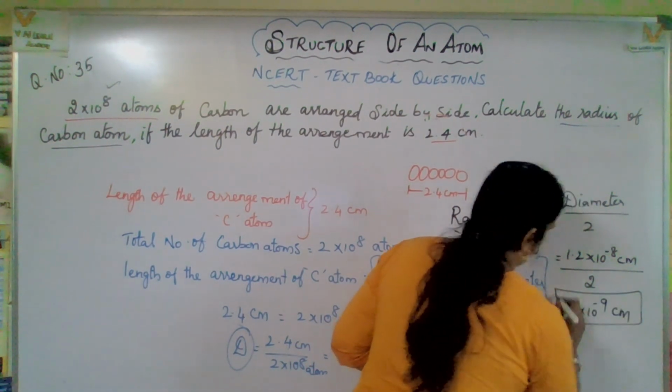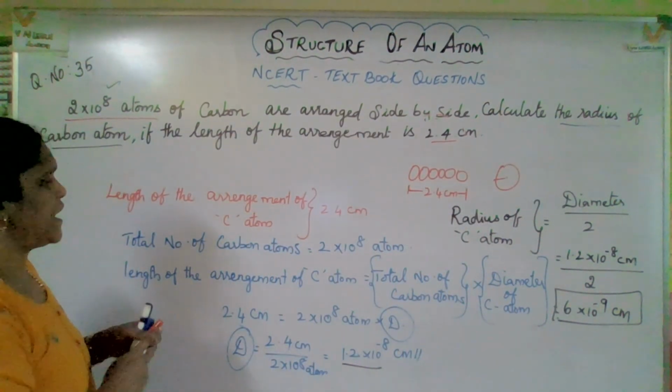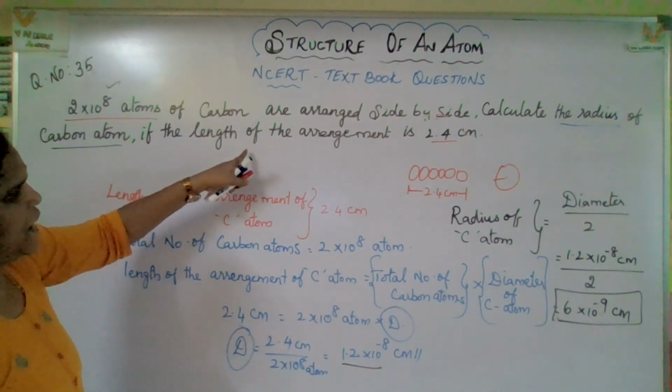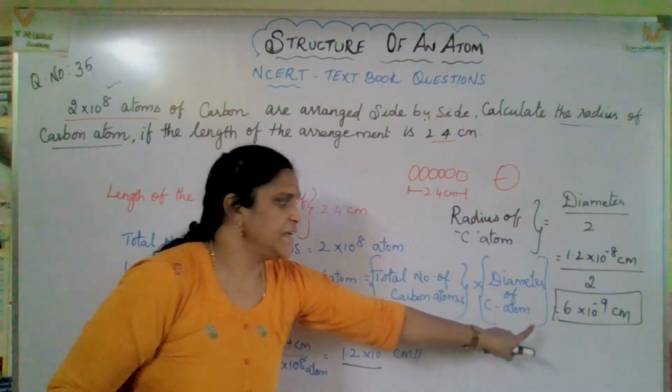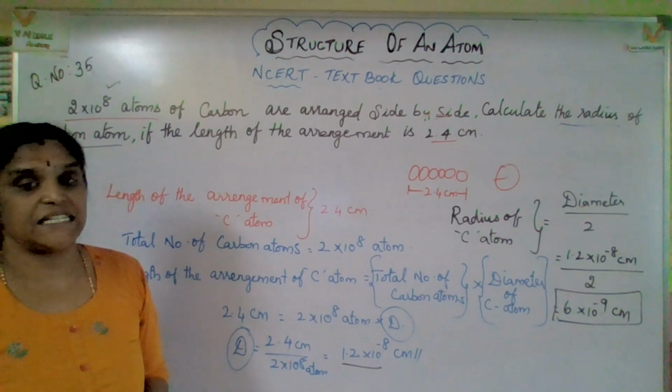So the radius of the carbon atom, if that is the arrangement of length 2.4, is 6 into 10 to the power of minus 9 centimeter.